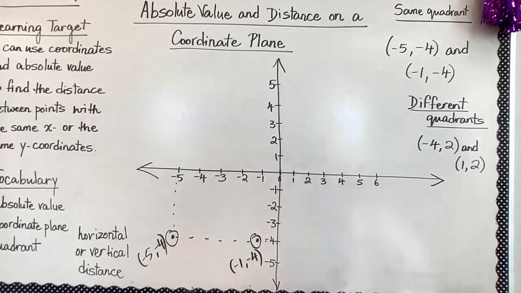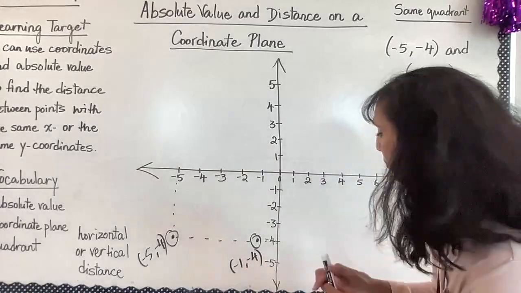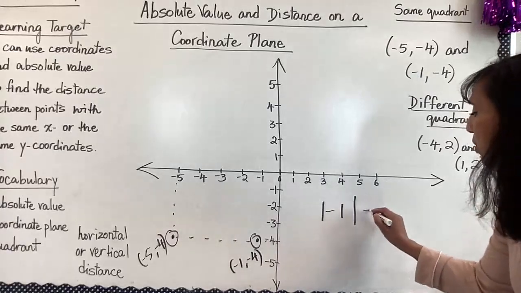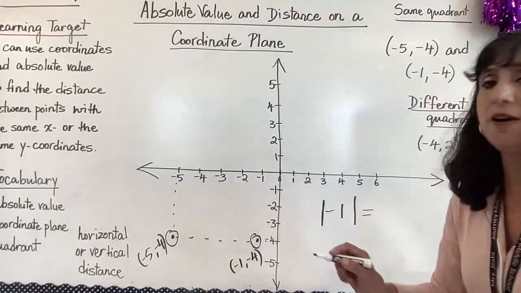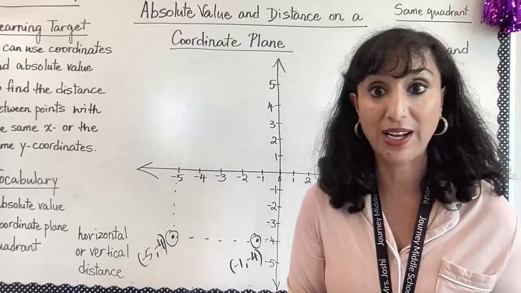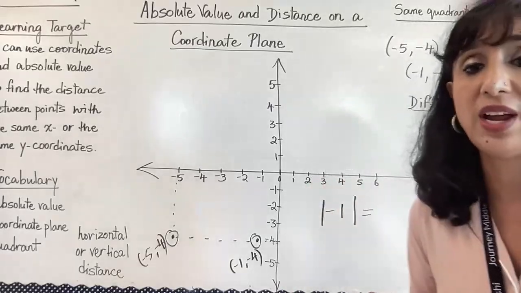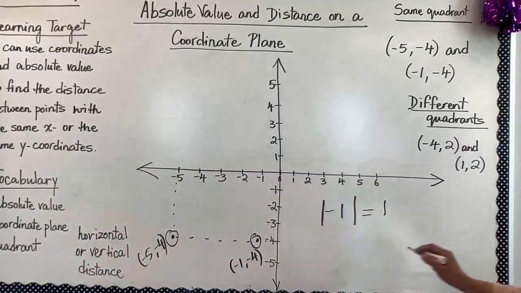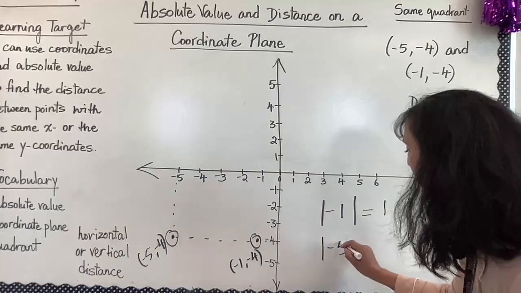So let's look at this. What is the absolute value of -1? I'm going to write it over here. Absolute value is the distance of a number from 0 on the number line. What's the absolute value of -1? It is 1. What is the absolute value of -5?